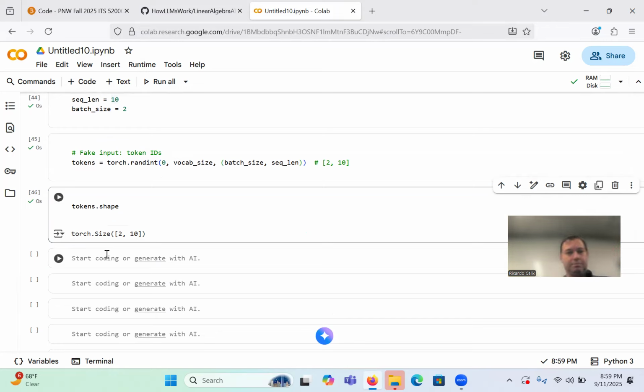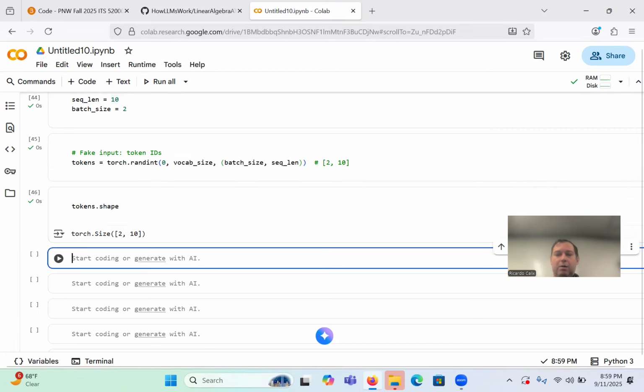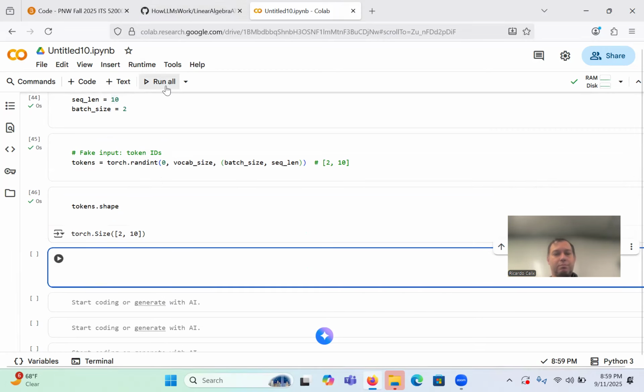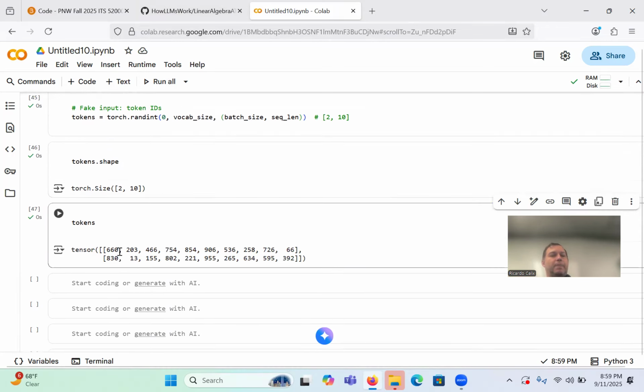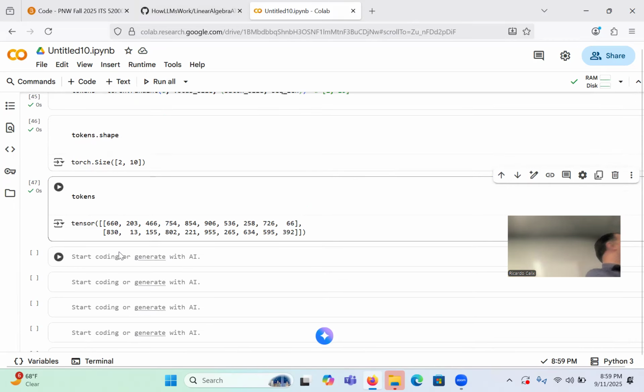Got it? All right. Now let's visualize it: tokens. And that's essentially what it looks like, only these are random values. But you would have a batch of 2 with a list of IDs, where each one of those IDs means cat, dog, whatever it is.